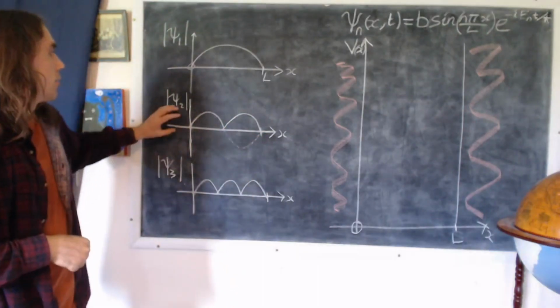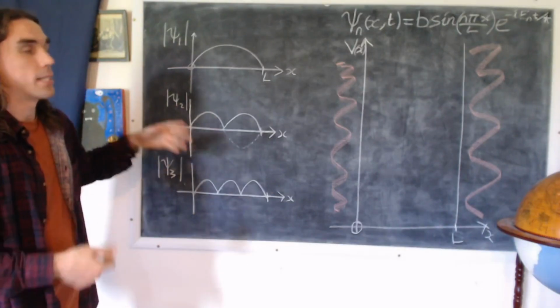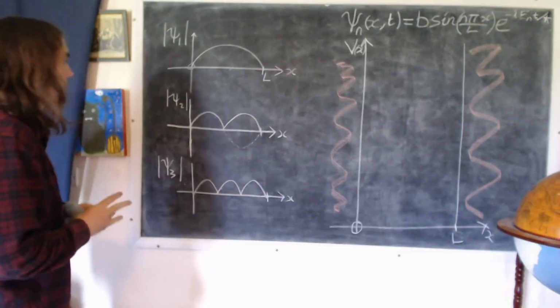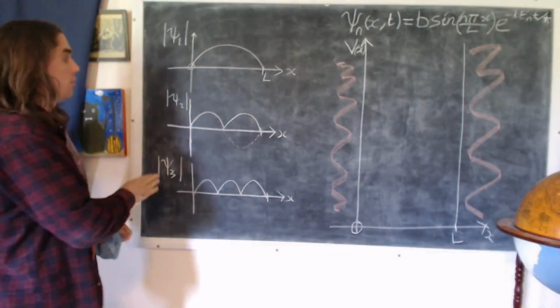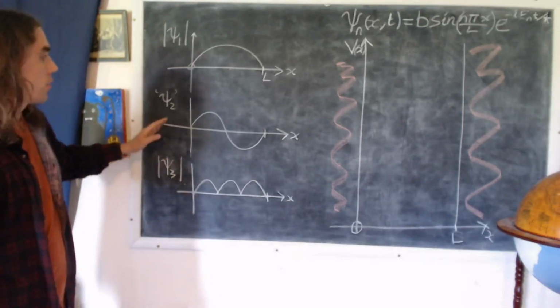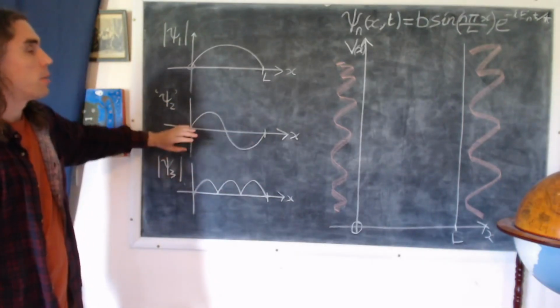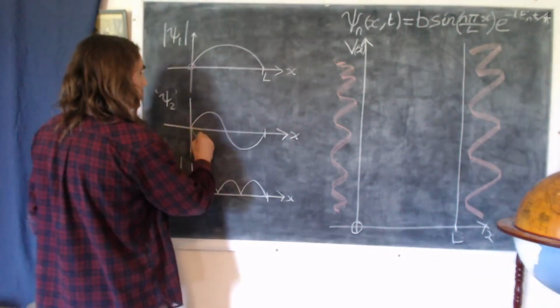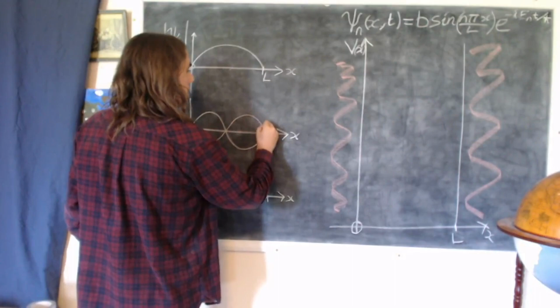But of course that's not really accurate, because psi without the modulus is a complex number, and we have this complex winding. So what you might prefer to think, if we take the example of psi2, for example, and rewrite it, we might like to write something like this, where we've drawn a sine. But as that complex phase winds, this can of course switch through to this solution, into negative sign.